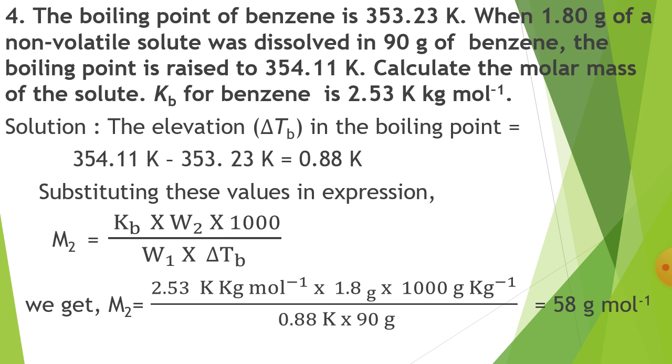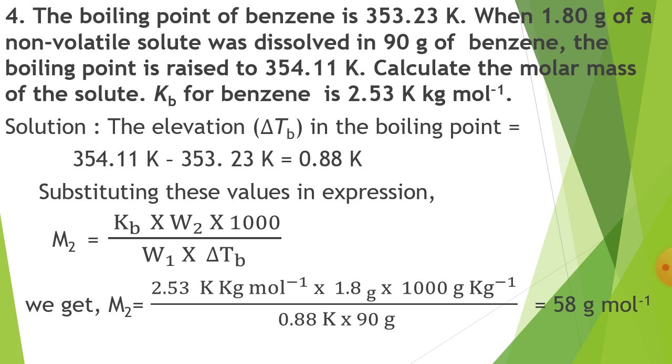This can be calculated from Tb minus T naught b. Tb means solution. Here the given solution temperature is 354.11 minus the pure solvent, that is T naught b, 353.23 Kelvin. By this we get delta Tb equal to 0.88 K, that means Kelvin.